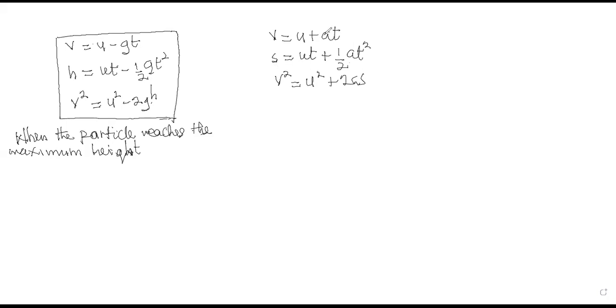The only thing which changes is that in the case of vertically upward motion, the body goes up and its speed reduces, so the body decelerates. This deceleration is caused by gravity, hence changing a to g.